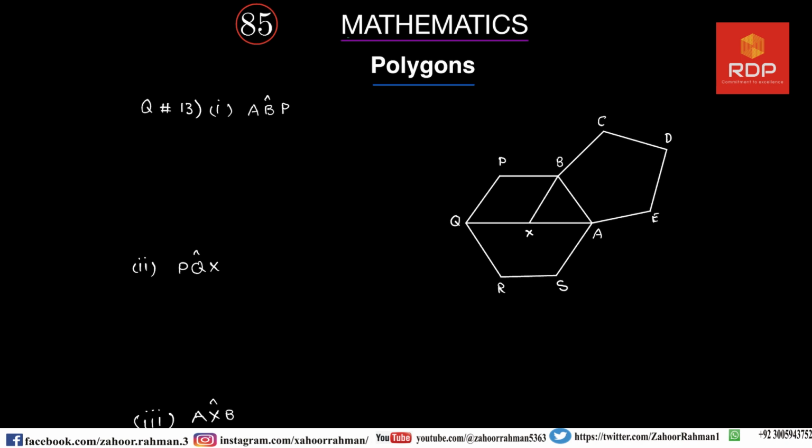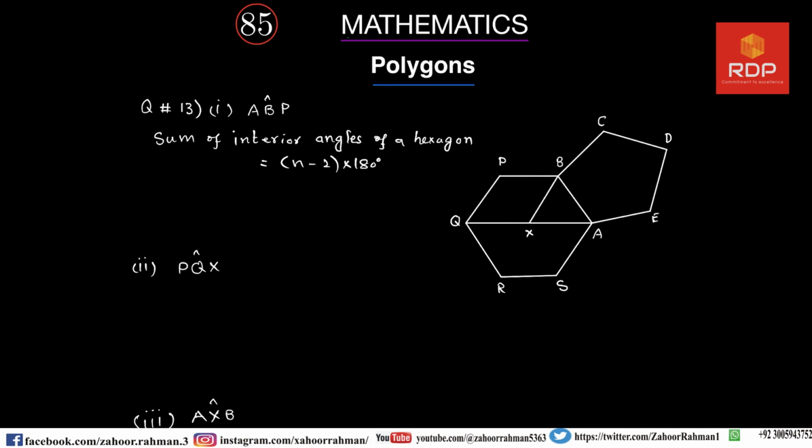So the sum of interior angles of a hexagon is equal to n minus 2 multiplied by 180.